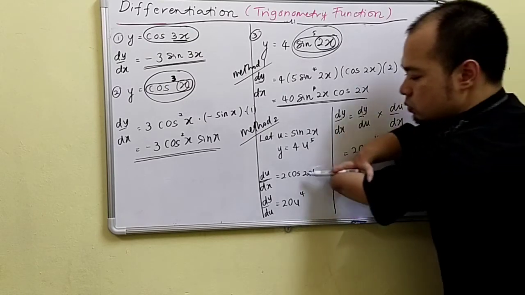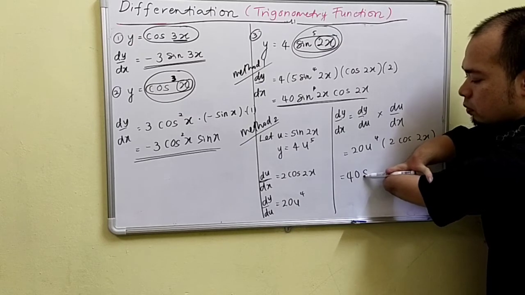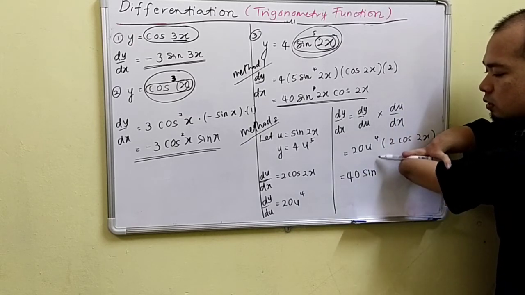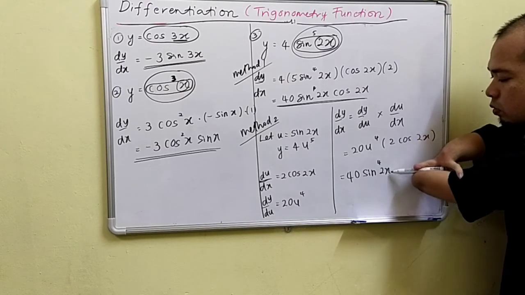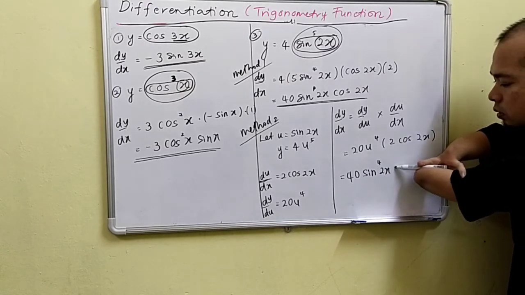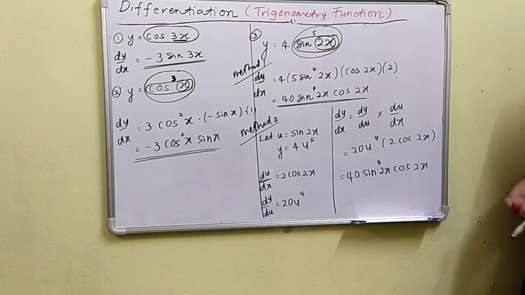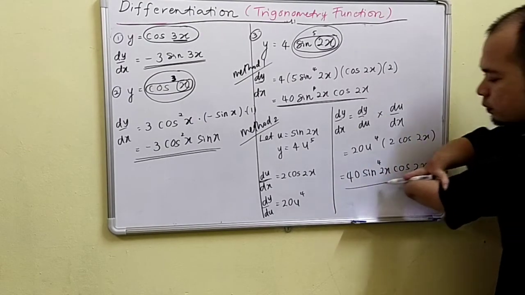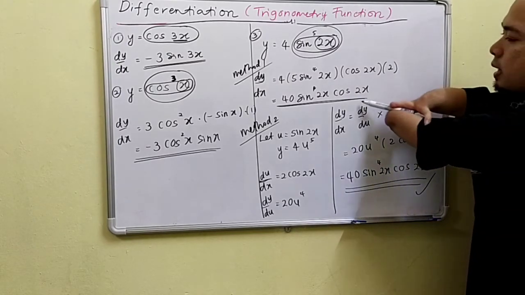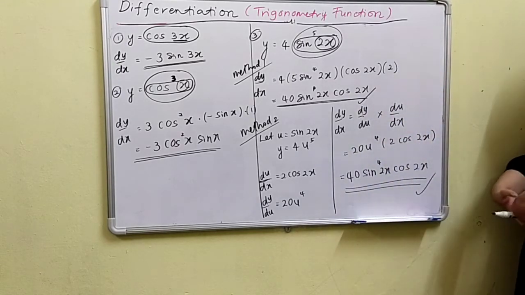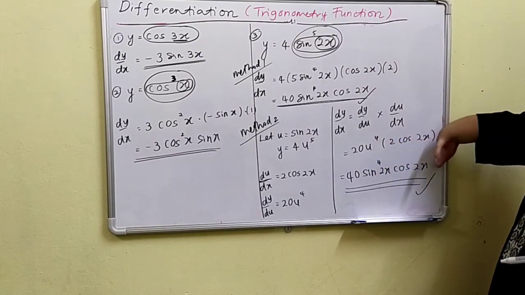What is our u? This is u, sine 2x. Sine, don't forget the power 4, sine to the power 4 2x. Then how about this one? Cos 2x. You see, you will get the same answer for both of them. 40 sine to the power of 4 2x cos 2x.